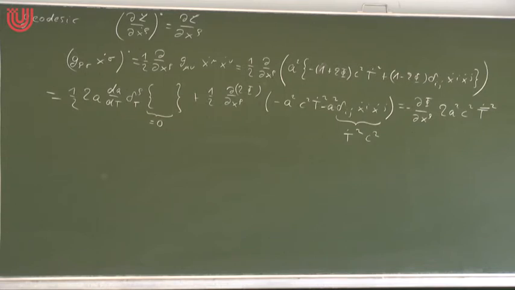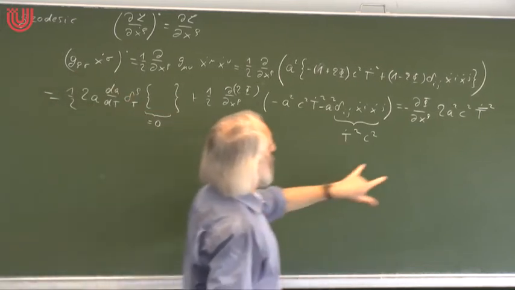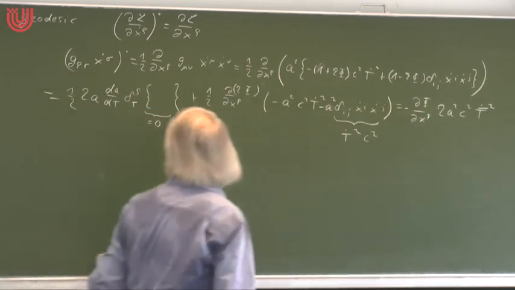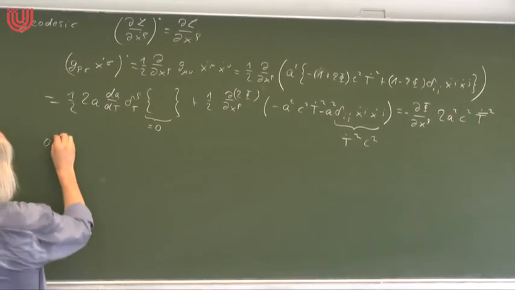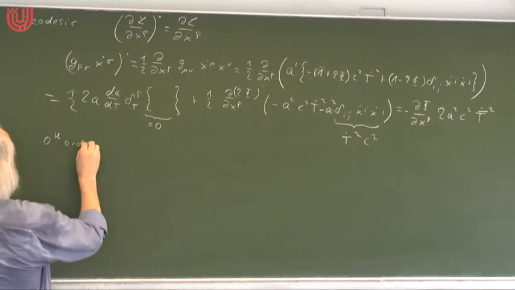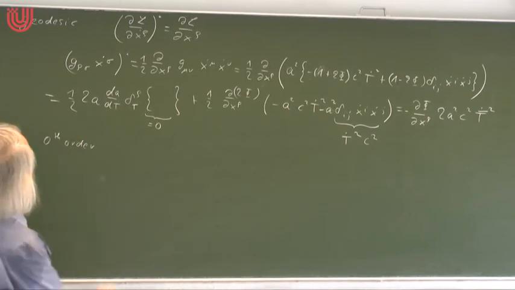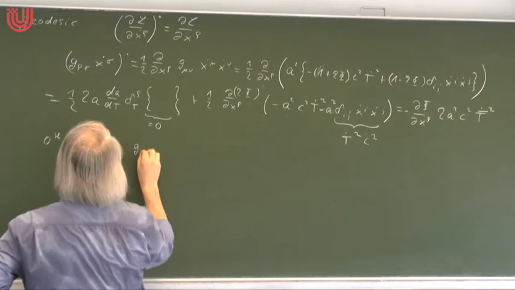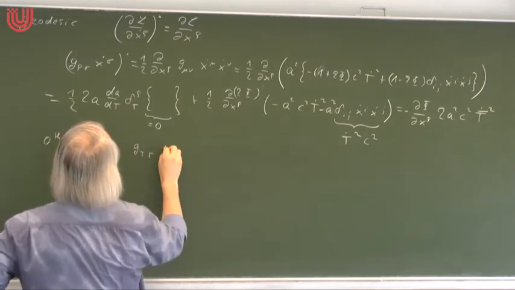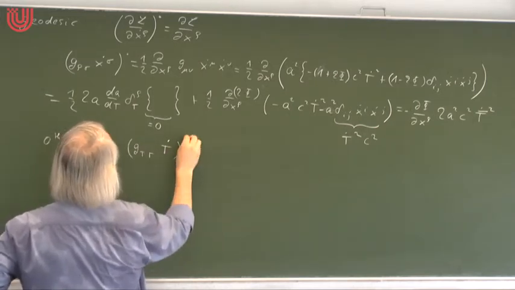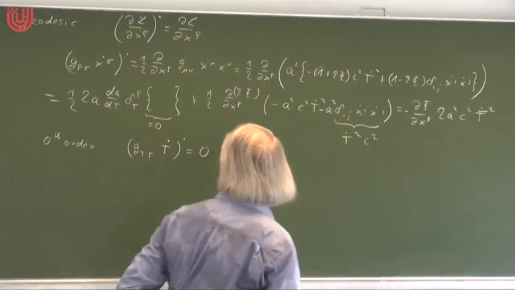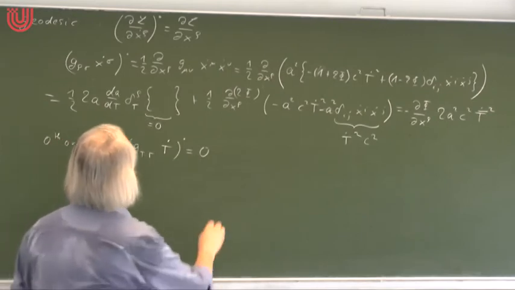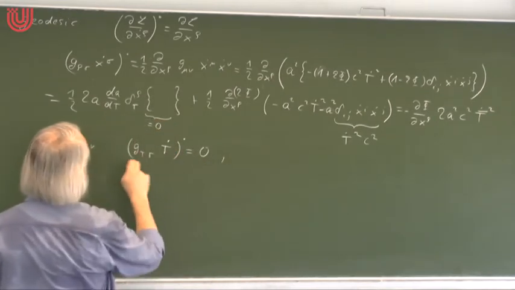So that's the geodesic equation. This expression is equal to this here. So in zeroth order, I have g_tt t dot is 0, because this is first order already. So this thing here is a constant.